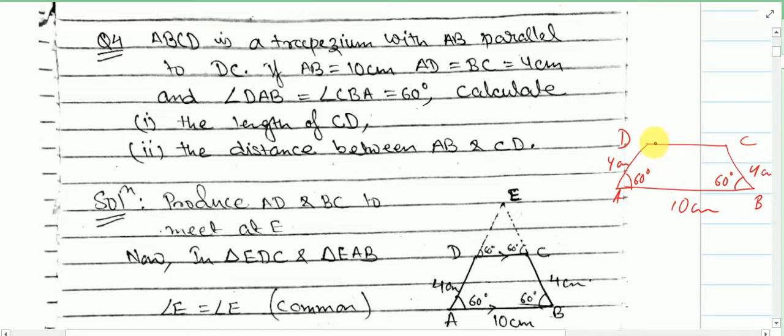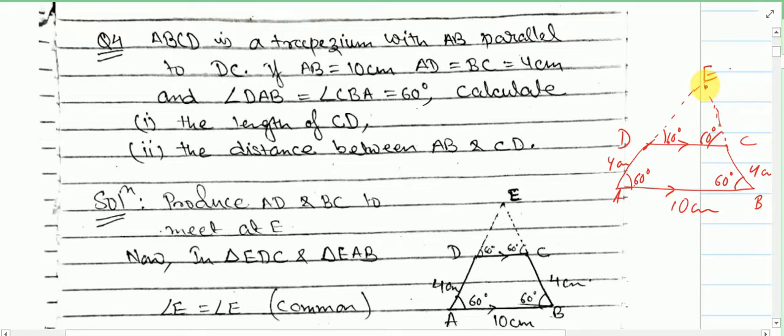So what we will do is we will extend this AD, and we'll extend this BC. So let's say they meet at E. In that case, since this is trapezium ABCD, the parallel sides are DC and AB. So if this is 60, then this will be 60. If this is 60, then this will be 60, corresponding angles.